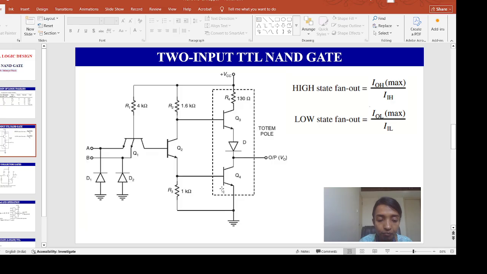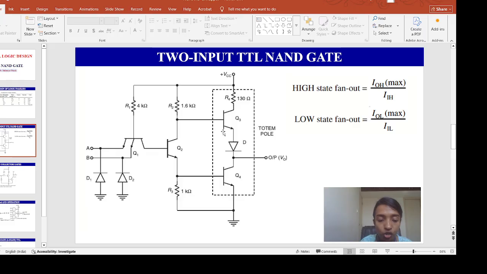I repeat once again, these totem pole outputs cannot be wired ANDed, because when one output is high and the other is low, and if they are wired ANDed, a large current will flow from the supply to the ground through Q3 of the high state gate and Q4 of the low state gate, because Q4 of the low state gate acts as a very low resistance load on Q3 of the high state gate.